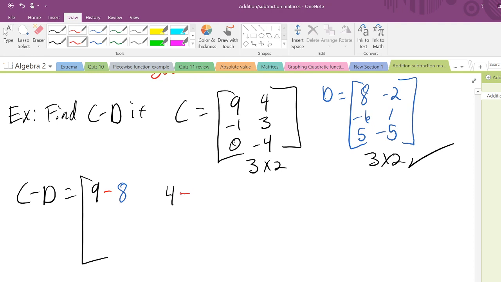4 minus negative 2. Then I have negative 1 minus negative 6. Then I have 3 minus 1.